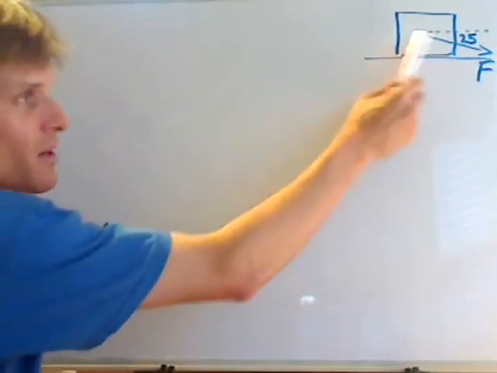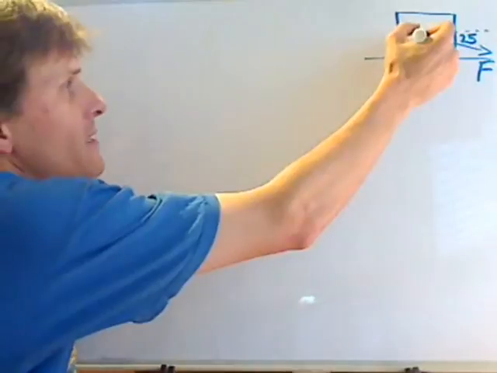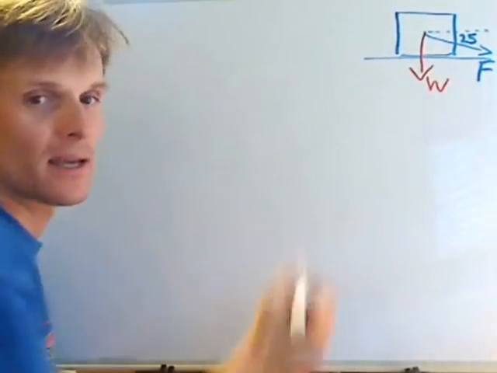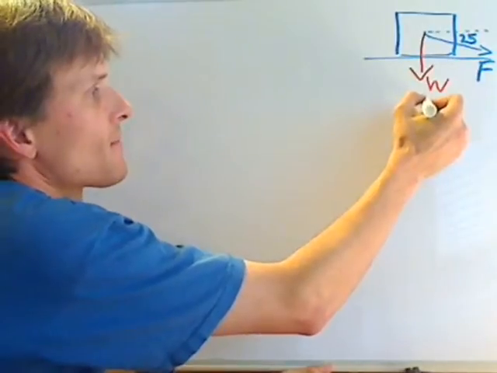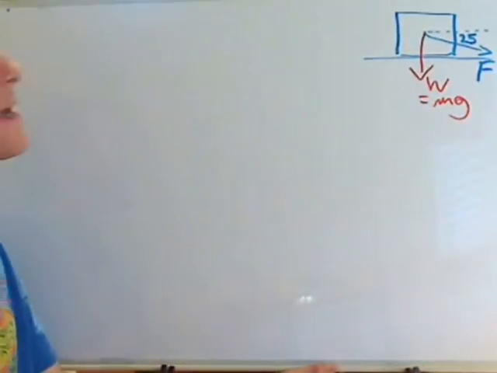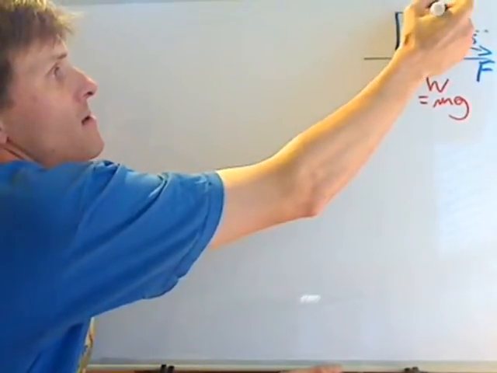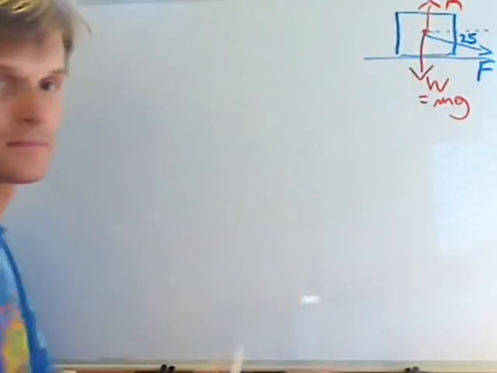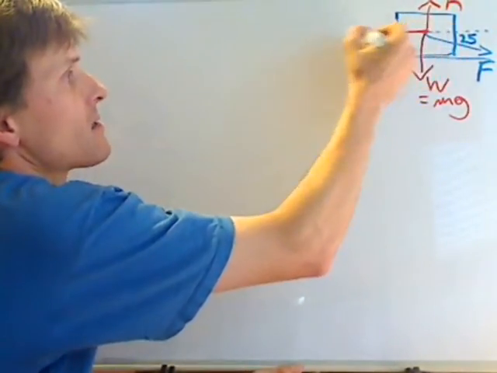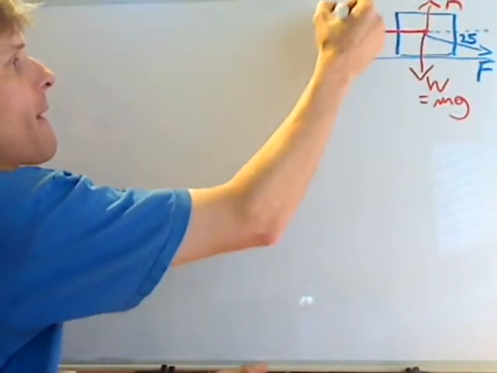We've already identified one of the forces here in the diagram, but we always have weight pulling down, and that's mg. And the normal force pushes back up. Now, pushing to the left is the force of static friction.